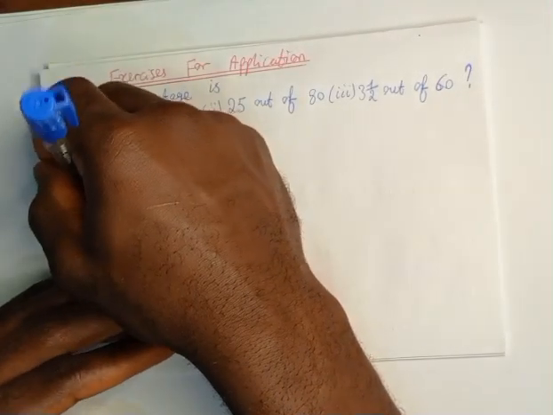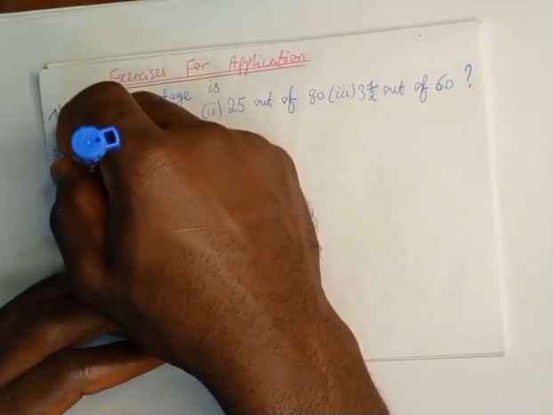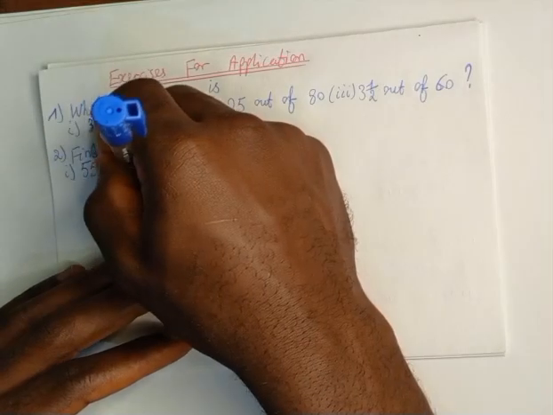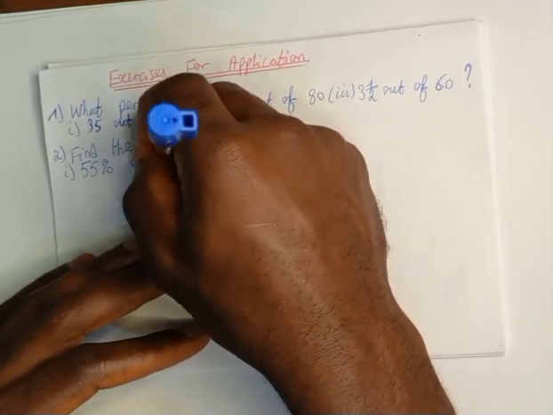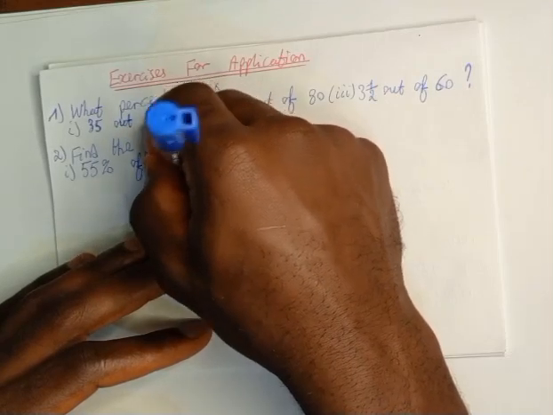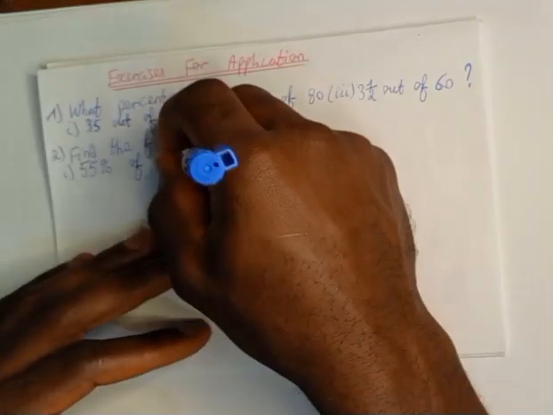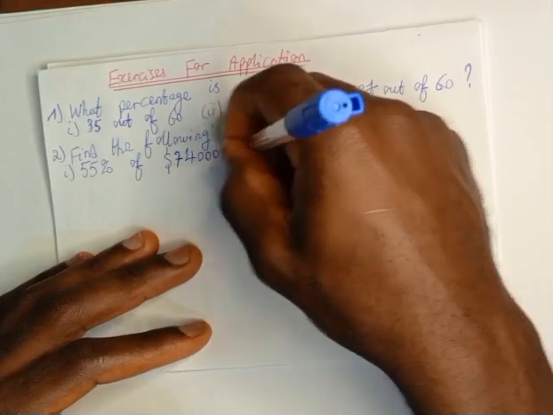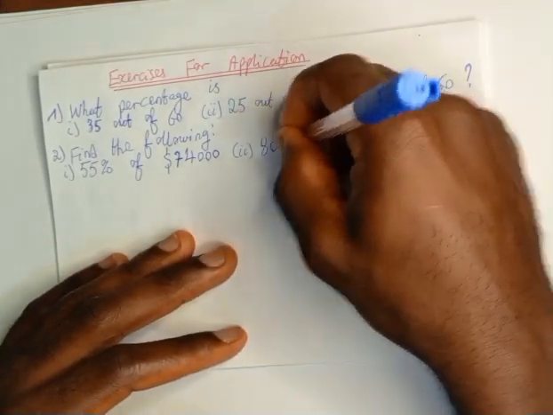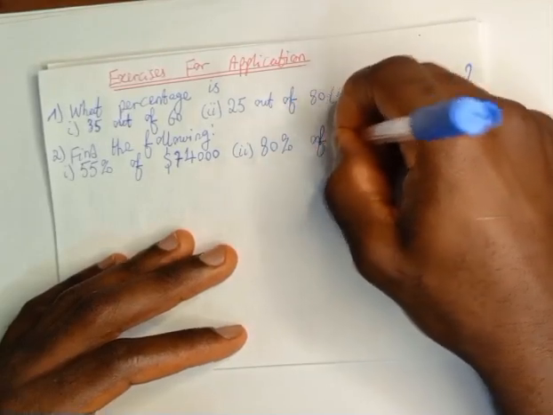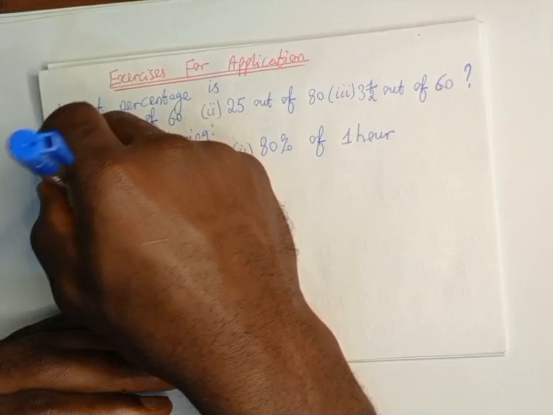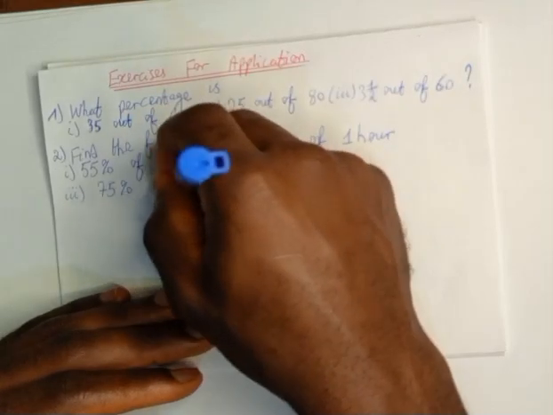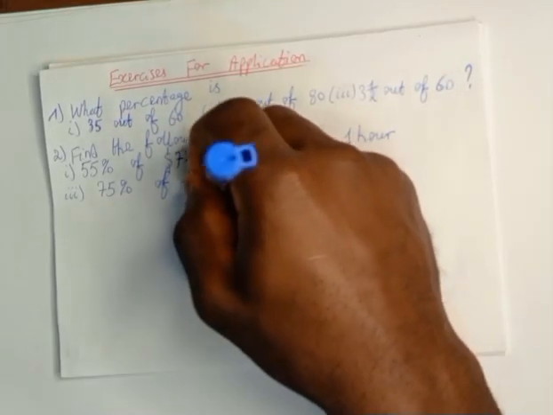The first one, we have to find 55% of $74,000. 2i, 80% of 1 hour. 3i, 75% of 16 meters.